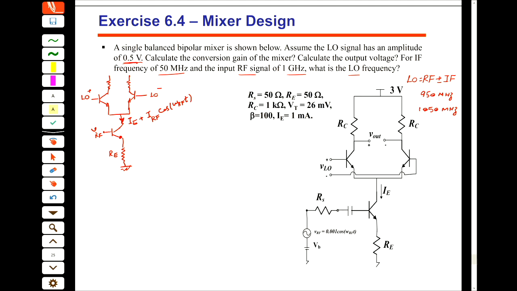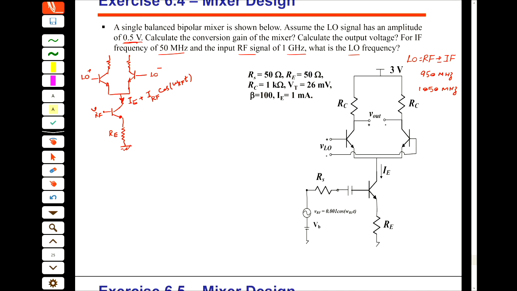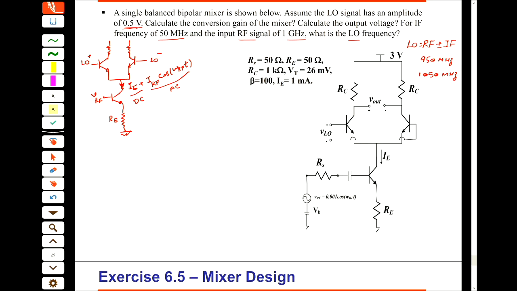Assume that we have a single sinusoid of VRF here, and this is what we have. So the I that we have here is like this. This component is the DC component, and this component is the AC component. And then the current going into this line and into this line is half of this one.